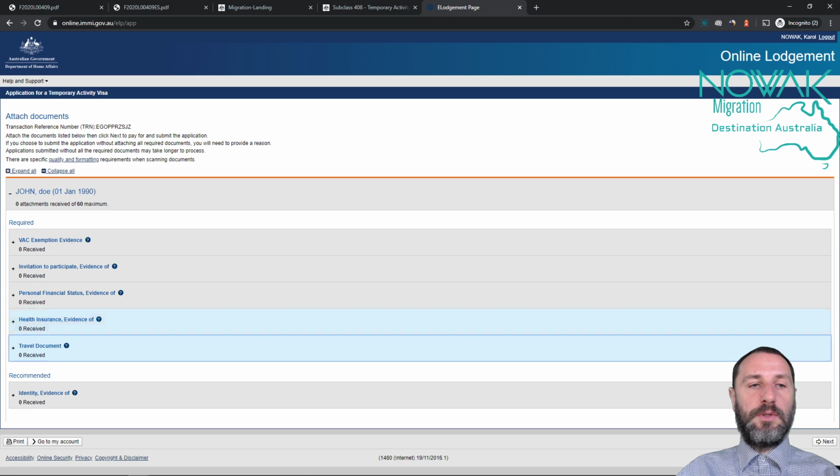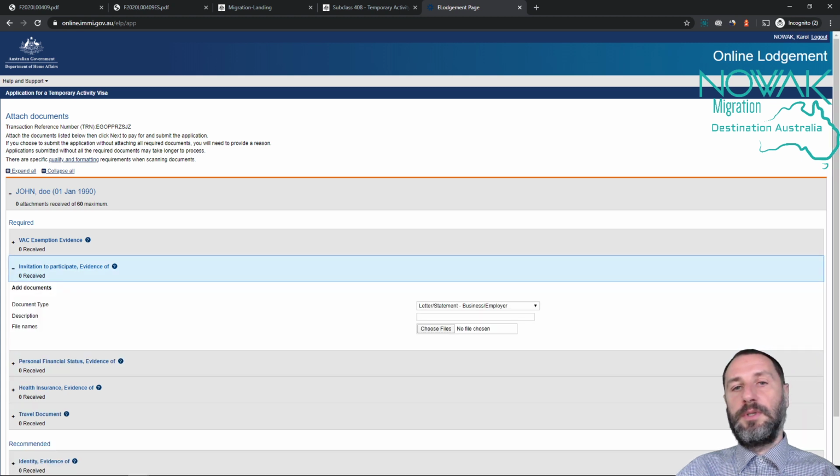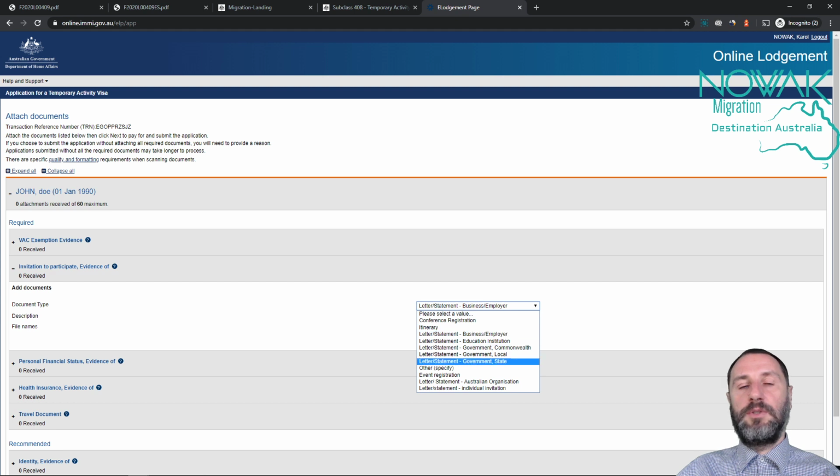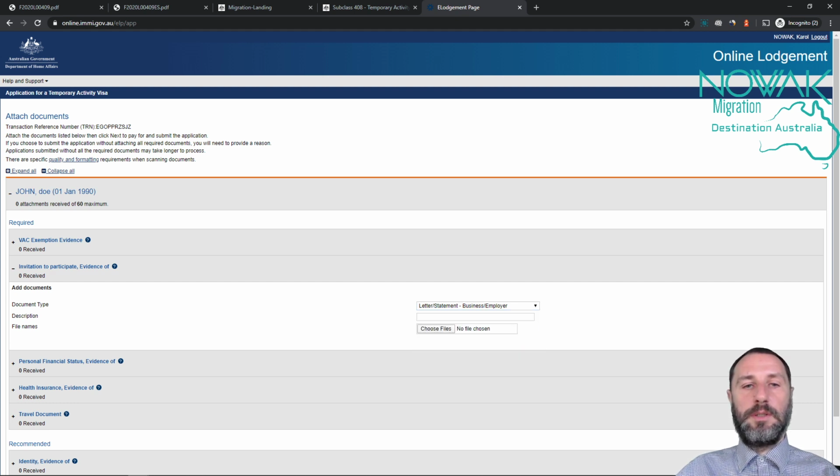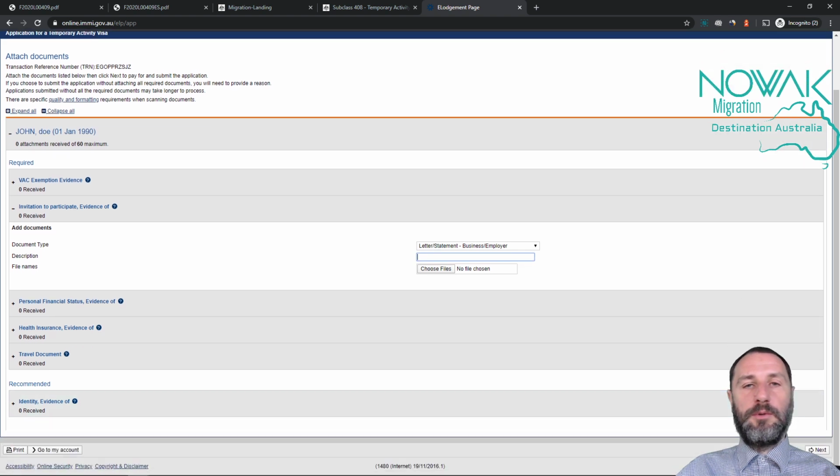So not many documents are being requested, but this one is obvious. You will have to provide some sort of document from the employer for which you will be working. All right. If you have included family members, you will have to provide more information. There will be some more places to provide the information.